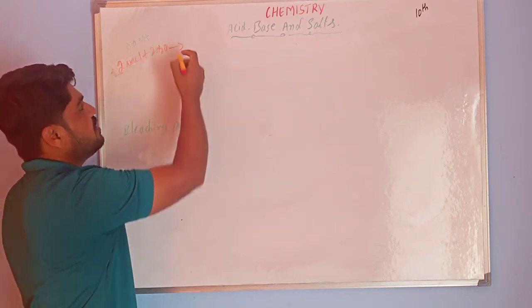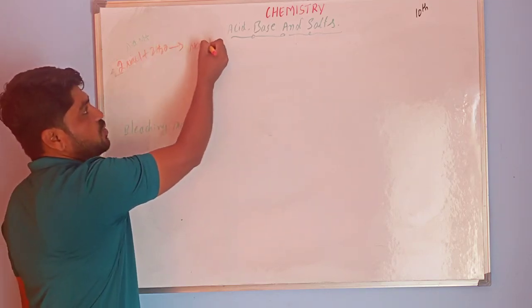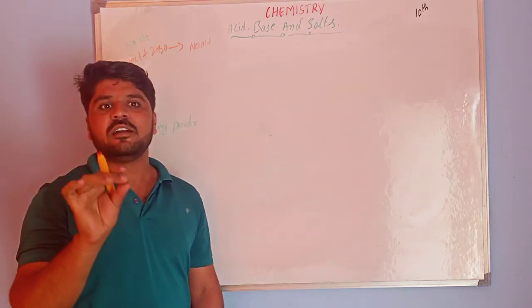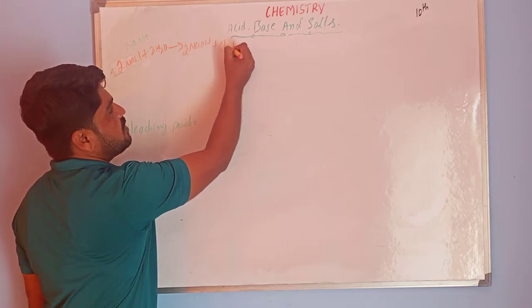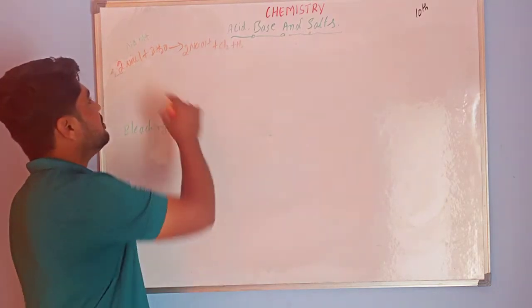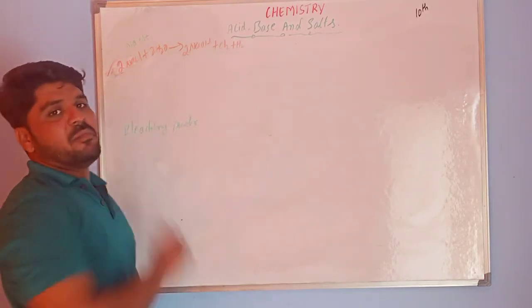It produces 2NaOH, sodium hydroxide, Cl2 and hydrogen. This is the preparation method.